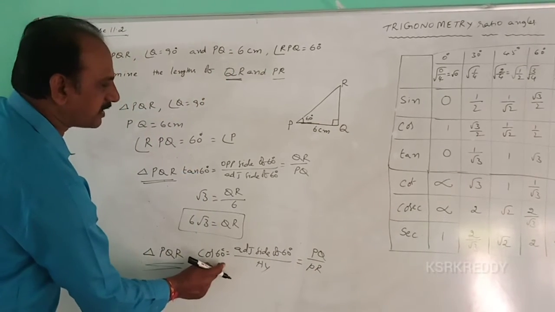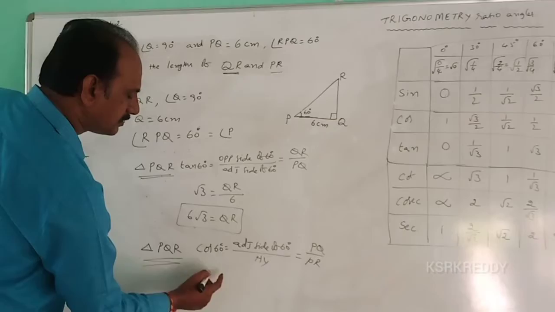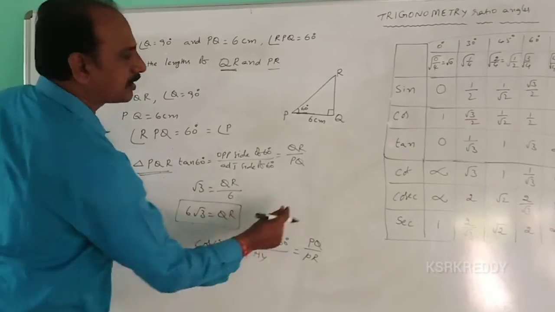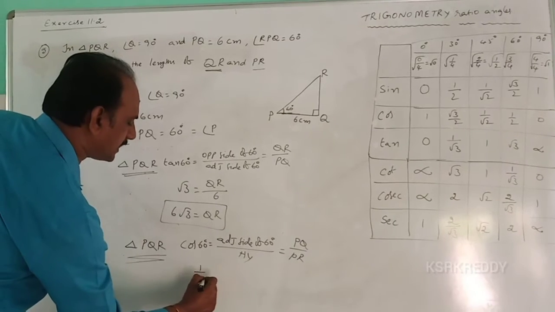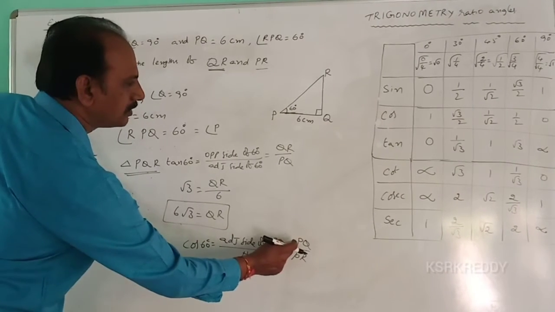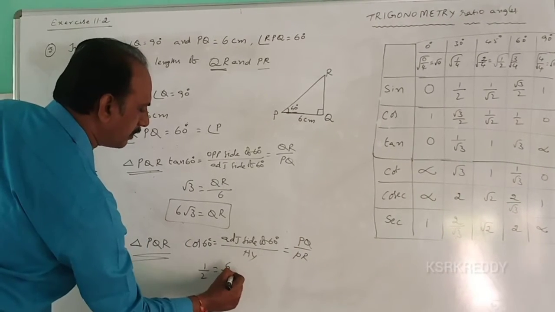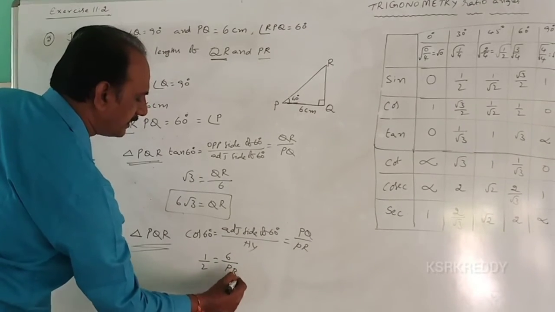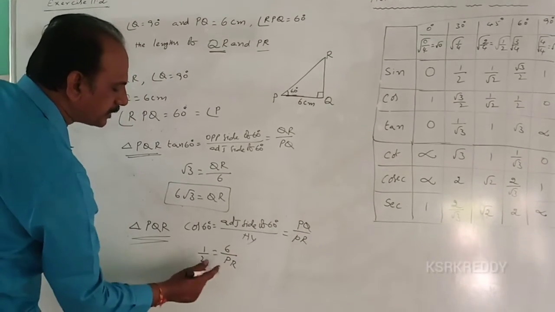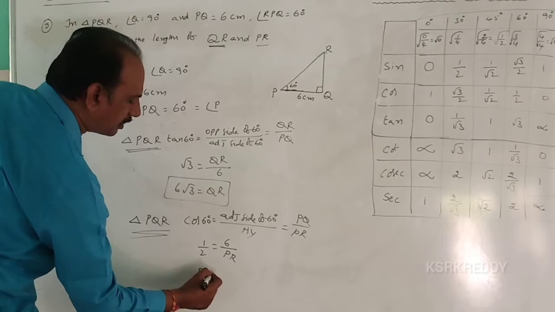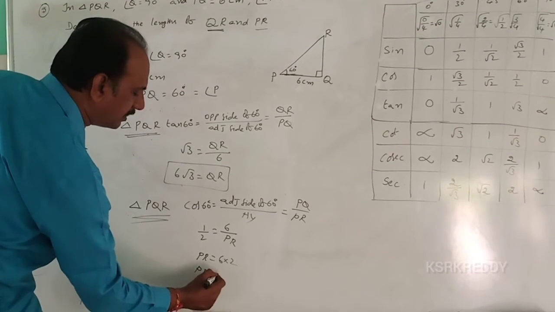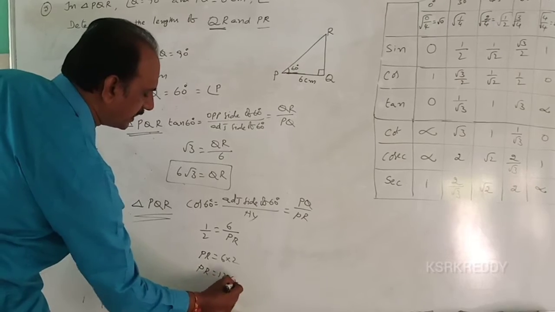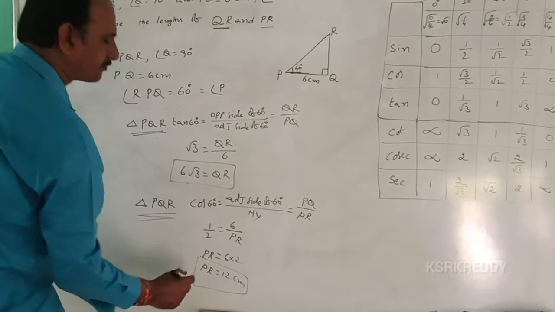Then cos 60 equals 1 by 2. So 1 by 2 is equal to PQ value 6 by PR. Then cross multiplication: 1 into PR is equal to 6 into 2. Therefore, PR is equal to 12 centimeters. That is the PR value.